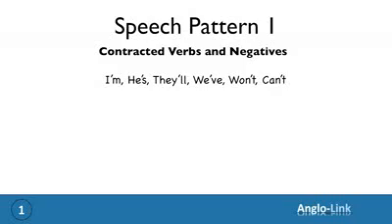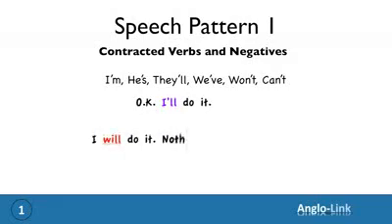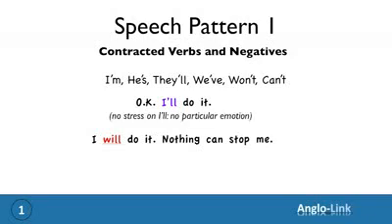That is why there is a difference in tone and meaning between "Okay, I'll do it" and "I will do it. Nothing can stop me." When we use the contraction, there is no stress on the contracted form, there is no particular emotion. In the other example, when you've used the full form, "I will do it," you want to show determination.